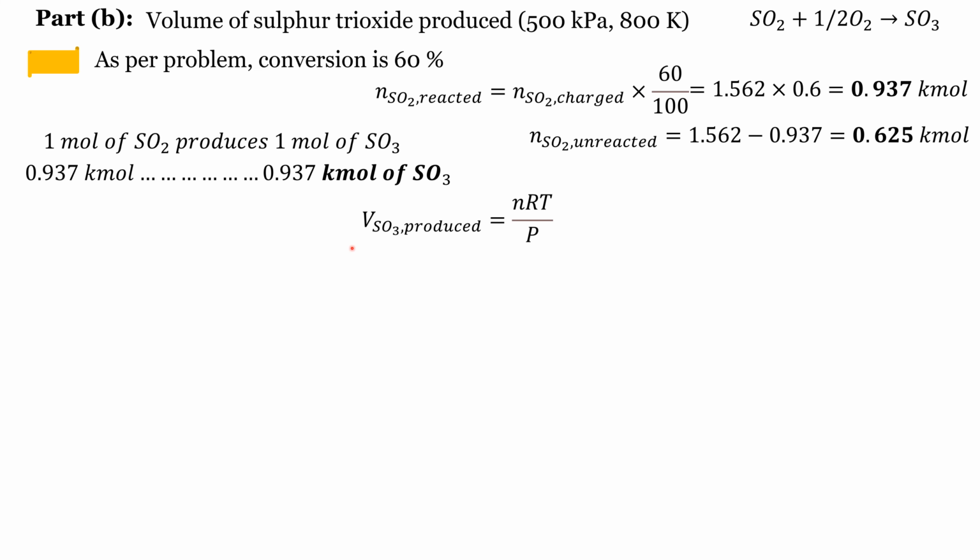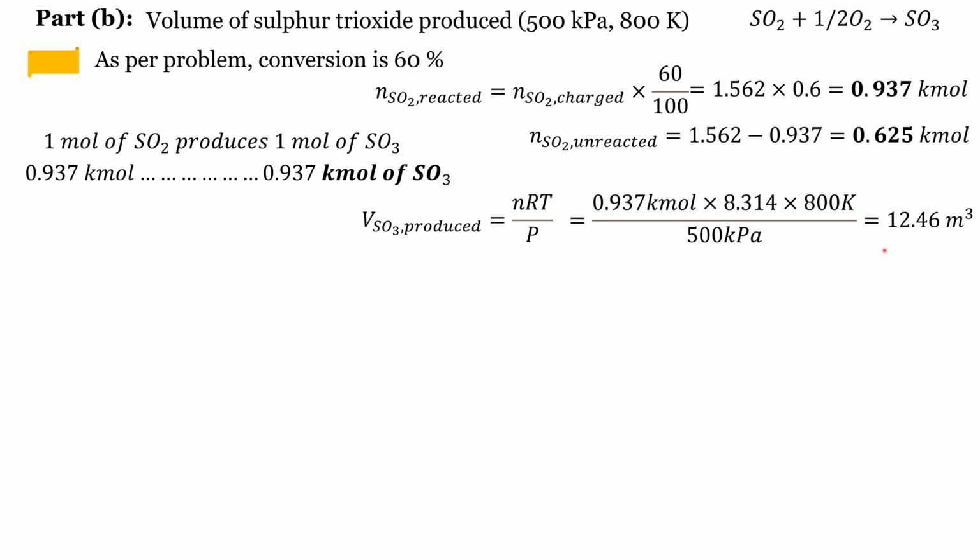We can find out the volume of SO3 produced using the ideal gas equation, because pressure and temperature are already given and we have estimated the number of moles of SO3. So after simplifications, it will come out as 12.46 meter cube.